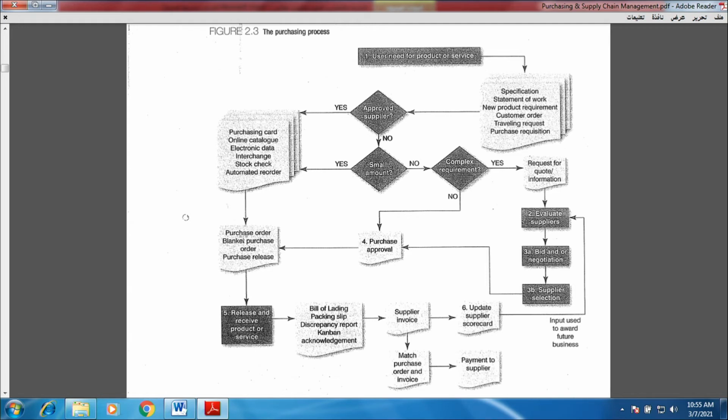But here, the raw materials and products received from the suppliers are sent to us as a company or organization in the form of tranches and tranche payments.